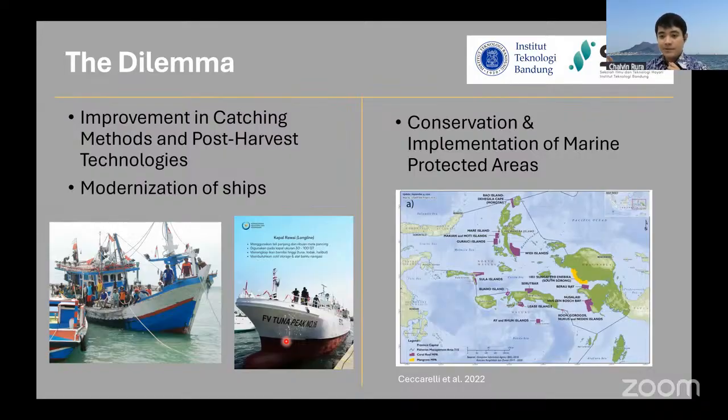On another spectrum, the ministry also has some projects regarding the marine coastal environment. In particular, the conservation and implementation of marine protected areas. This is in the 715 location. As we can see, the purple is the protected area.